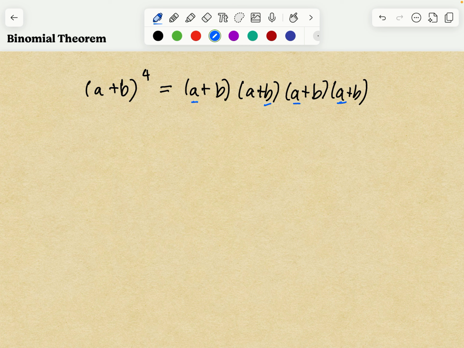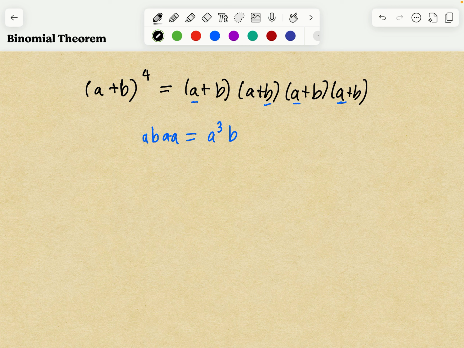So for instance, if you pick the a in the first factor, the b in the second factor, the a in the third and fourth factors, and multiply them, you get a times b times a times a, which is a cubed b. So you get an a cubed b by doing that. And you keep doing that for all the possibilities.